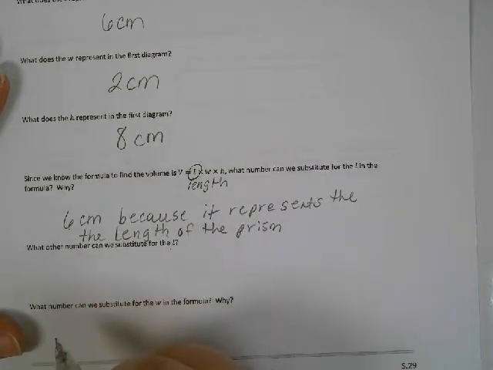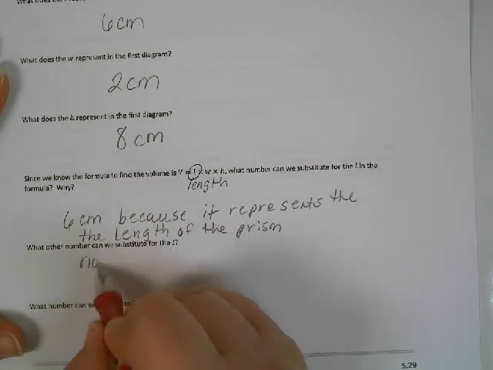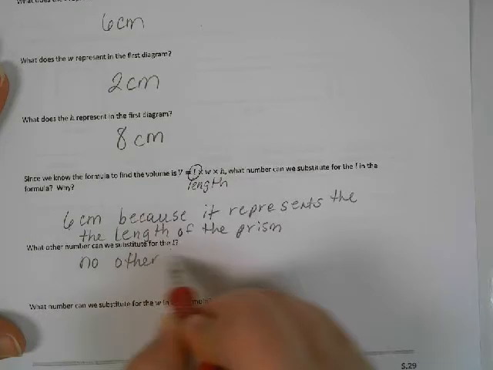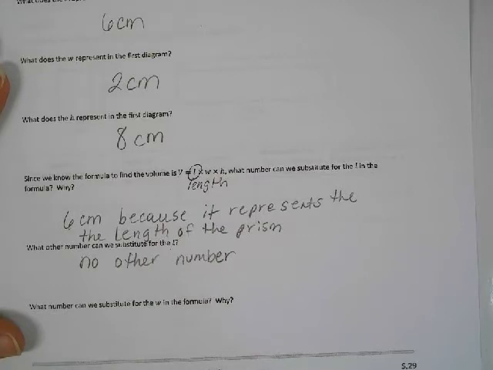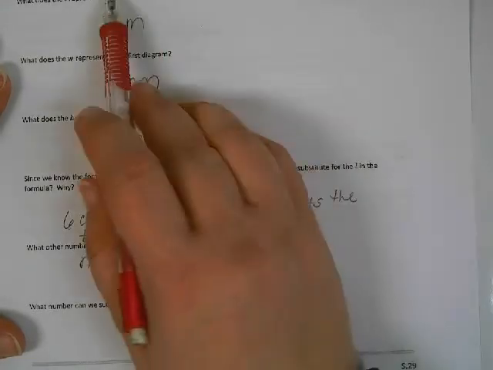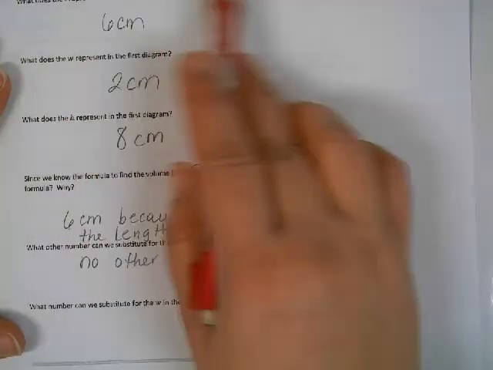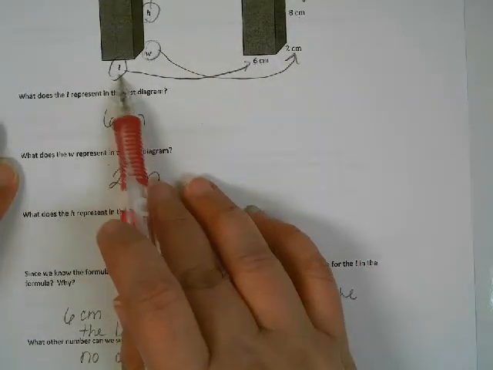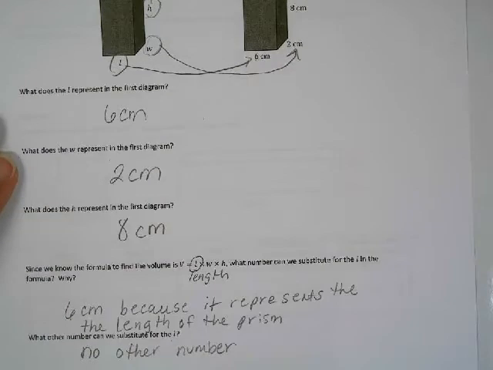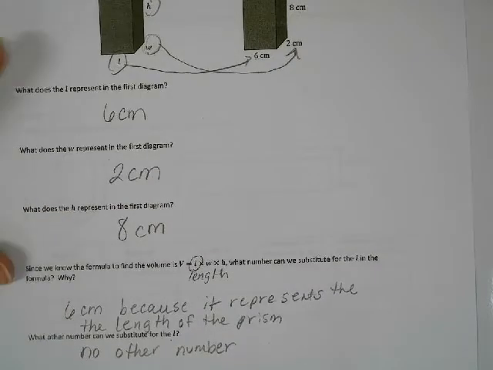Or no other number. The reason we can't is because there's no other number that matches its placement on the prism. There's no other number that matches its placement. So that's why we can't substitute in anything else.